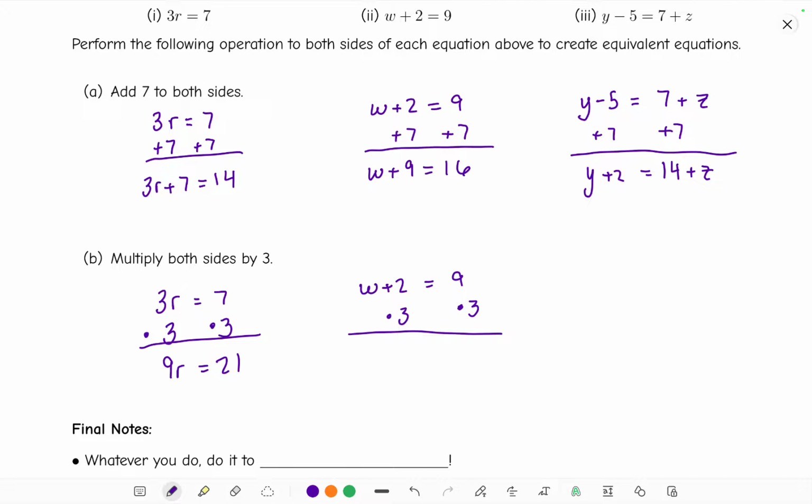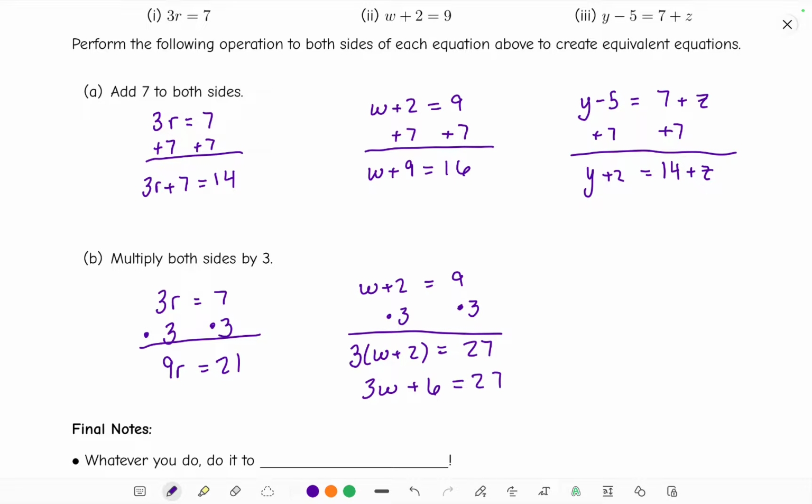Now this is where it gets interesting, because with this one, I'm multiplying w plus 2 by 3. Because of the distributive rule, that means this will become 3 times w plus 2, and you distribute that 3 in. So then we get 3w plus 6 equals 27.